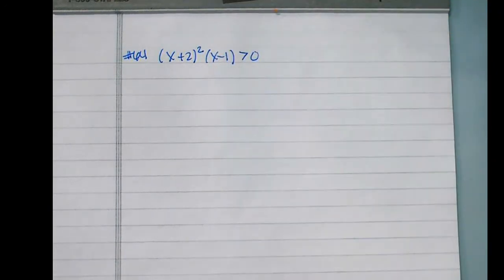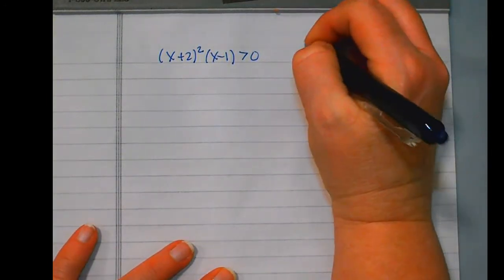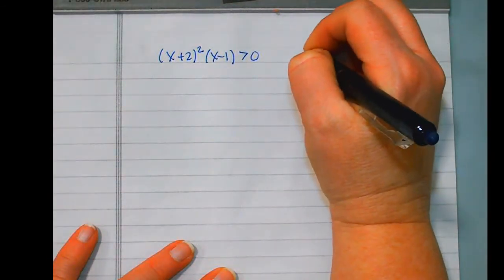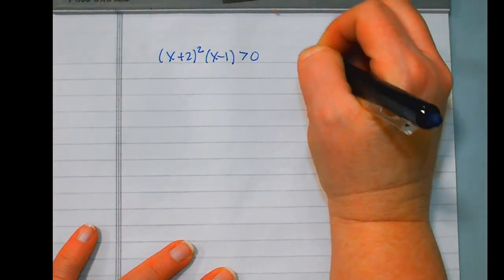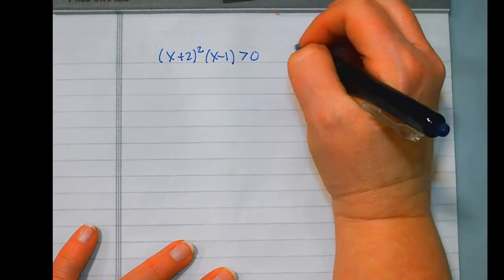Actually, I changed this problem. It's not 64 because I don't want to make it too easy. So it says solve the following polynomial inequalities. So greater than 0 tells you that you're looking for positive values. So this is what you're thinking.